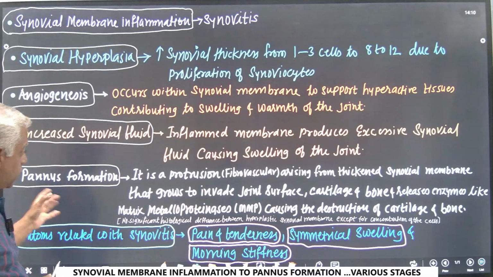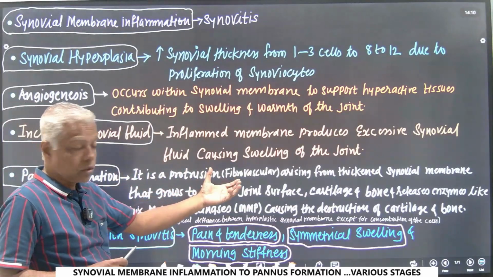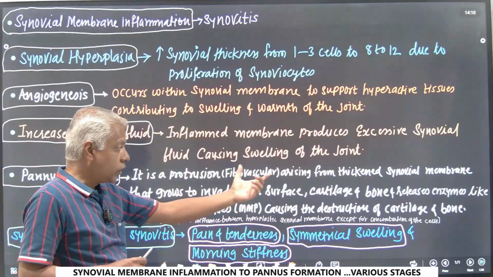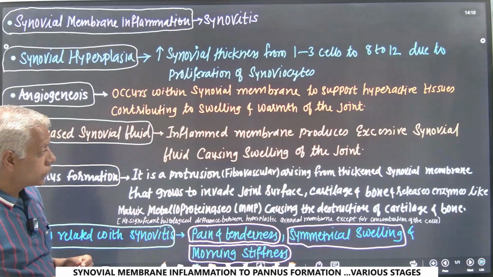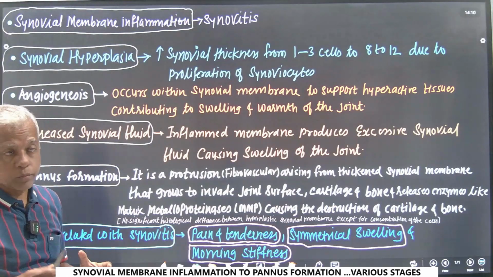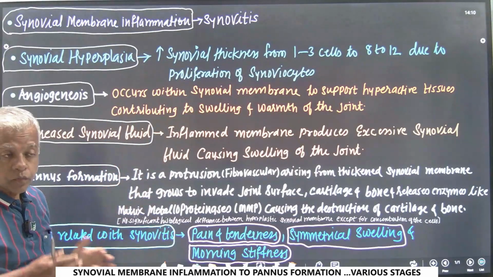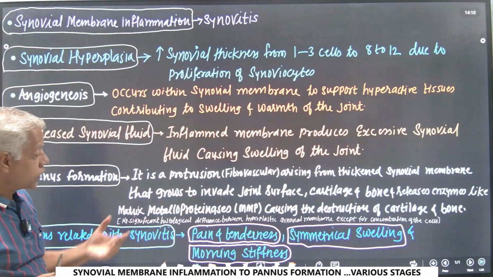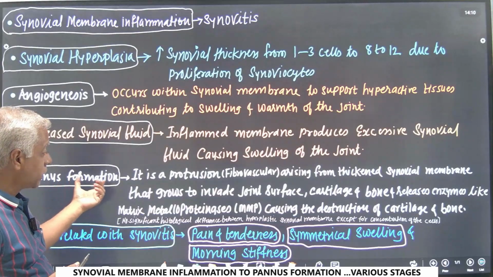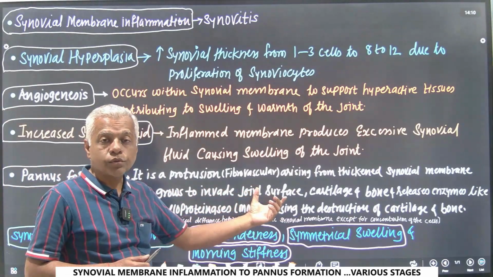See here, it is a protrusion. PANNUS is a fibrovascular protrusion arising from the thickened synovial membrane. So we know that the synovial membrane is hyperplastic, and this protrusion arising out of the thickened synovial membrane grows to invade the joint surface.